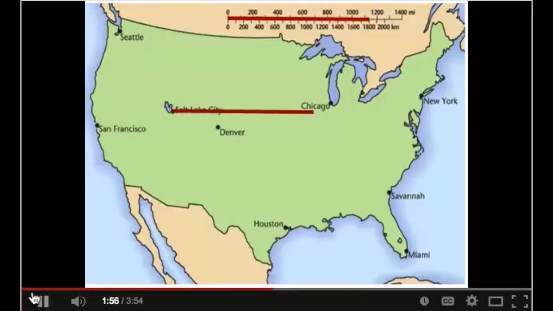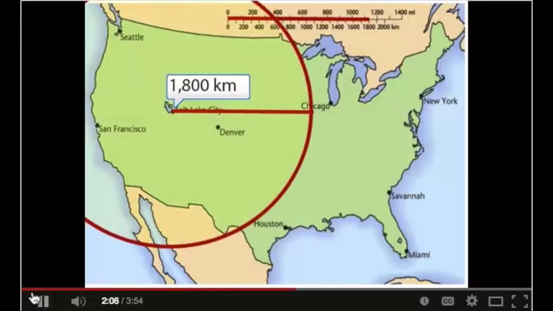Okay, just done that. See that line? That's 1,800 kilometers. I've labeled it. Now if I were to draw a circle around Salt Lake City that's exactly 1,800 kilometers in radius, like I've just done there, then anywhere on that circle we could have had the earthquake. We don't know where, but anywhere on that circle we could have had it.